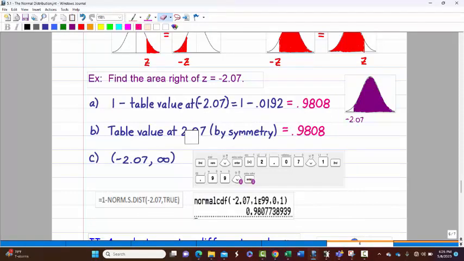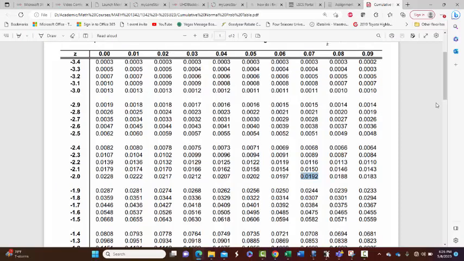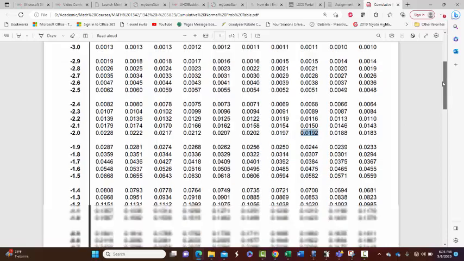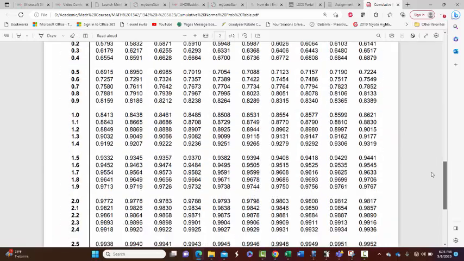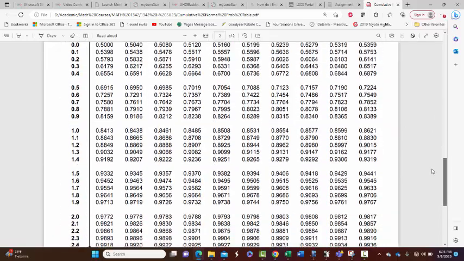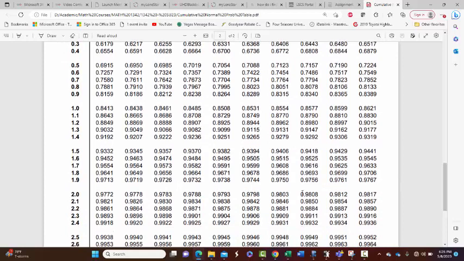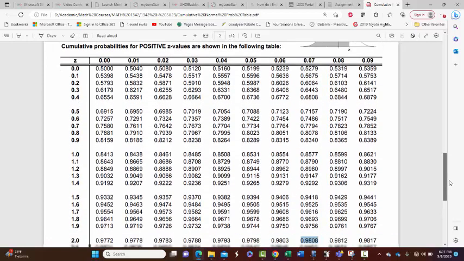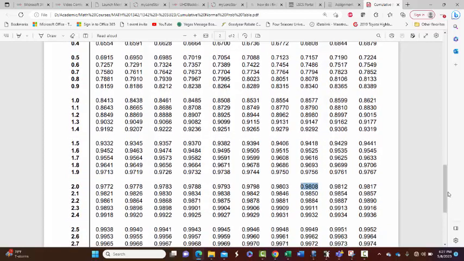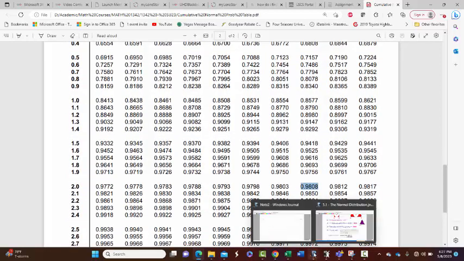Or, instead of doing the 1 minus, because it's to the right, you can flip it over and just look up 2.07. And there's the number right there, in the 0.07 column. So 2.07 directly, you get 0.9808.